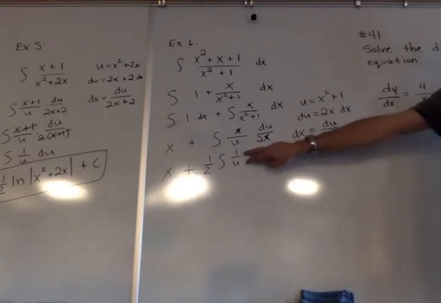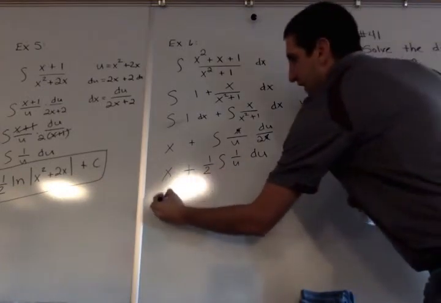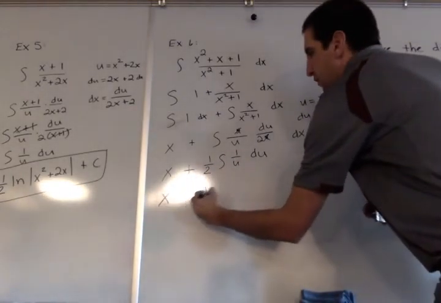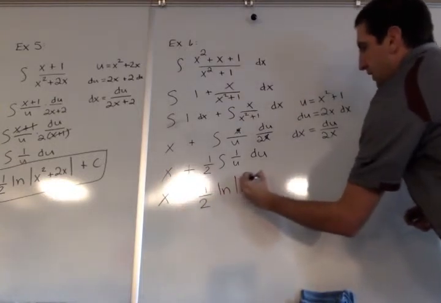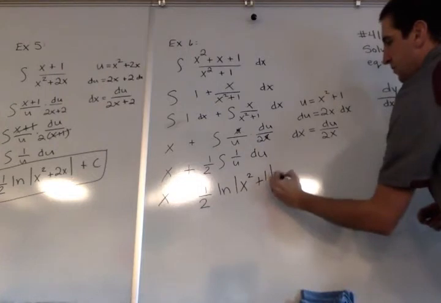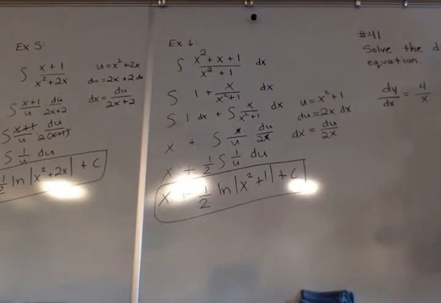And now I can integrate this as the natural log of u, which I'll substitute x squared plus 1 back into. So my final answer would be x plus 1/2 times the natural log of x squared plus 1 plus c. So here's our final answer for example 6.